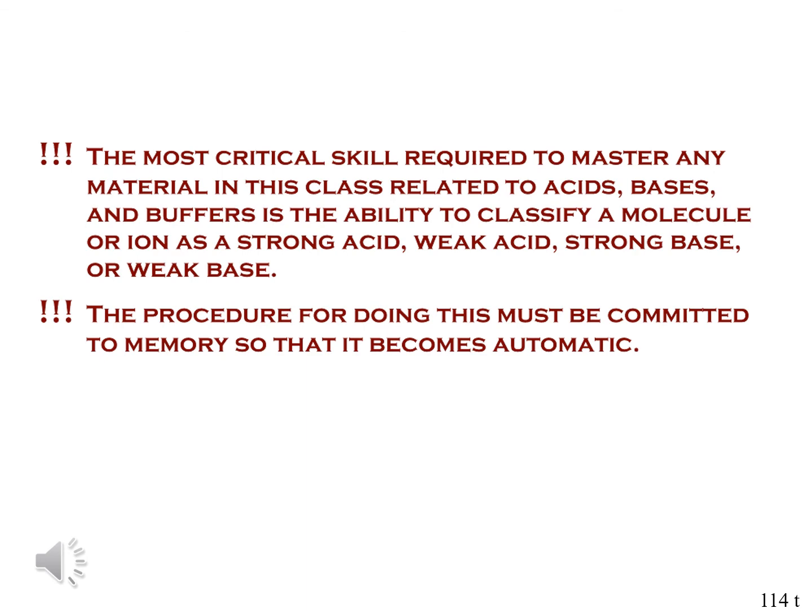This skill, though, is the absolutely most important one to get these problems correct. I'm not going to tell you what kind of a substance it is or what kind of problem to do when I give you a problem. So you have to be able to classify this stuff as a strong or weak acid, a strong or weak base. Otherwise, you'll do the wrong problem and get the wrong answer. So I want to review how you classify these substances.